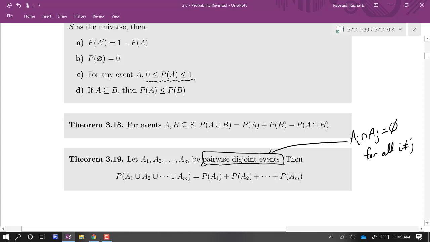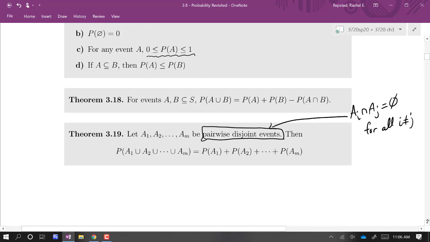If there's no overlapping at all, then the probability of the union of all of them is just the sum of all the probabilities. We're not going to prove this, but you could. This can be proven using induction. If you have an interest in that, give it a go. If you have a question about it, feel free to reach out, or if you want me to take a look at what you wrote, I'm happy to do that. In fact, maybe it'll make an appearance on an assignment or something.